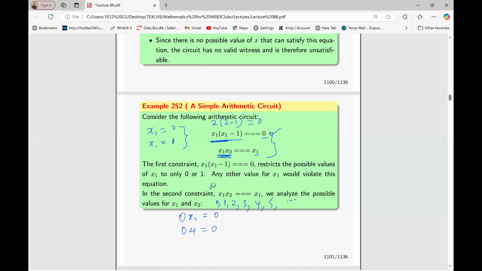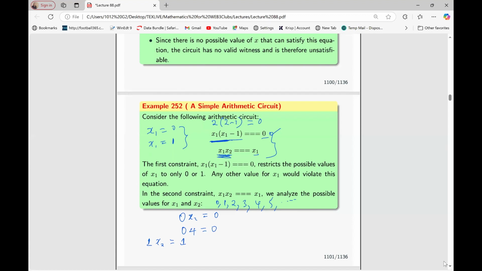What about if x1 is 1? What can x2 be? You're looking at a value that when multiplied by 1 gives you 1. That value is likely to be 1 only.